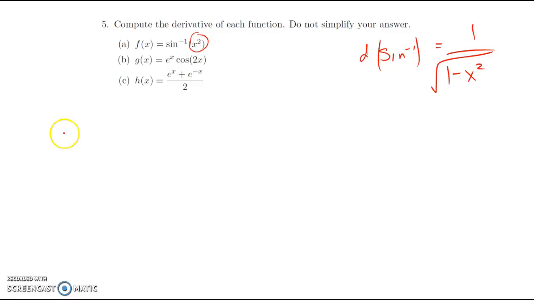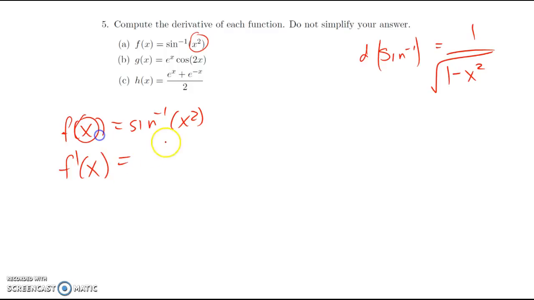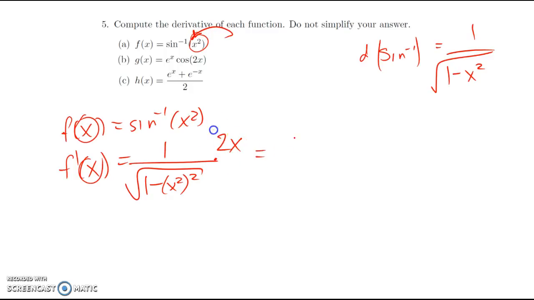So if f of x equals sine inverse of x squared, the derivative equals 1 over 1 minus x squared squared, and then, by the chain rule, the derivative of the inside, which is 2x. Putting it together, it's 1 minus x to the 4th with the 2x in the numerator.